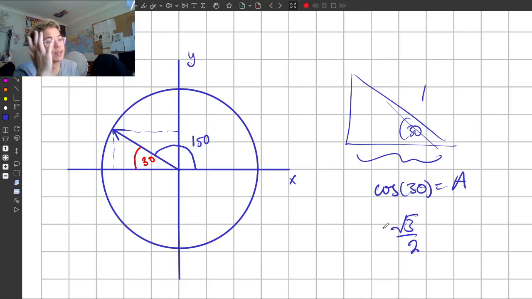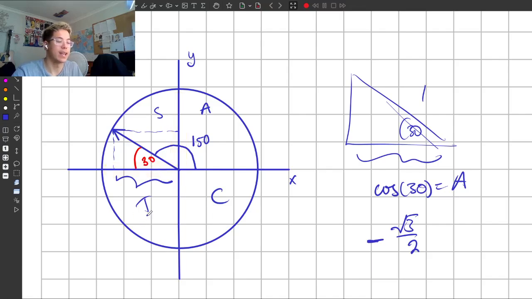But this isn't the correct answer. Because if this is our origin, then this distance here must be negative, right? Because this is going to be on the left-hand side of the origin on the Cartesian plane. So our answer is actually negative root 3 on 2. And that gives proof as to why we denote each quadrant as A, S, T, C, because S is positive here because sine is positive, but cosine is negative.